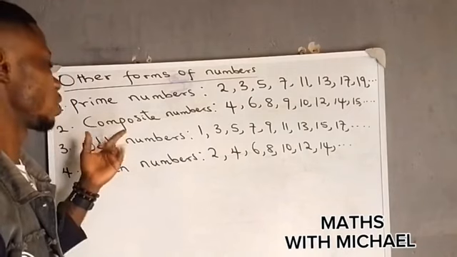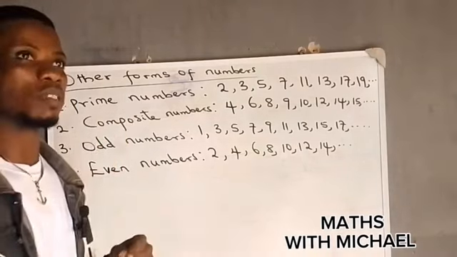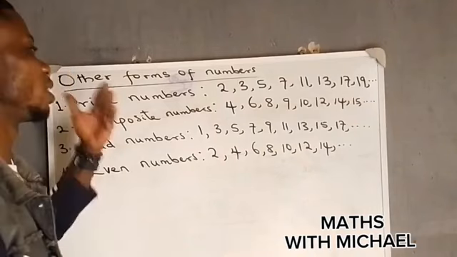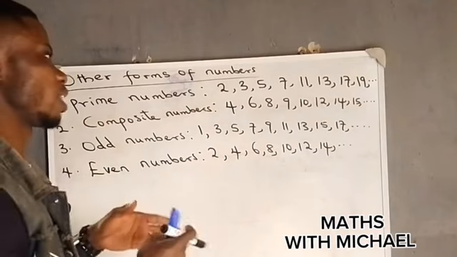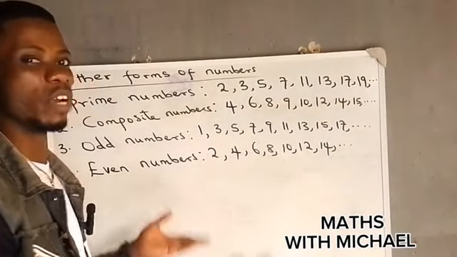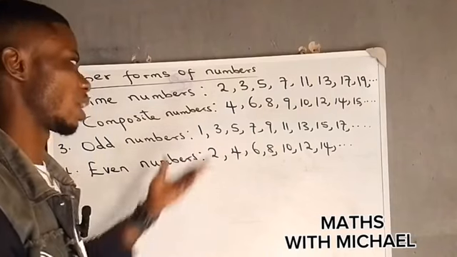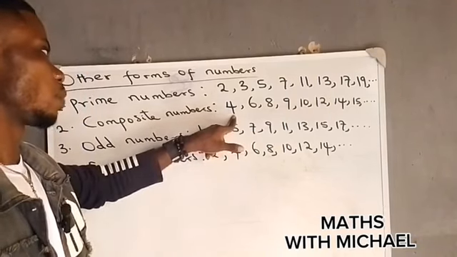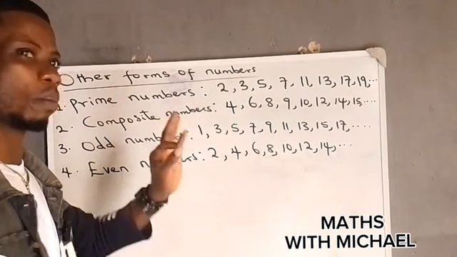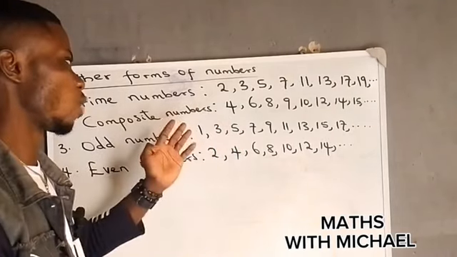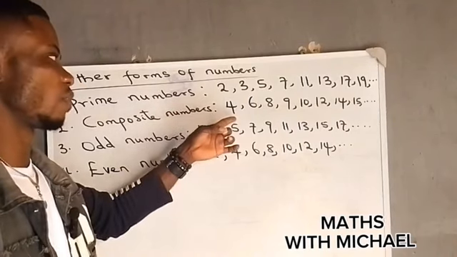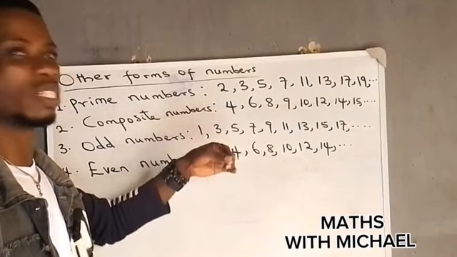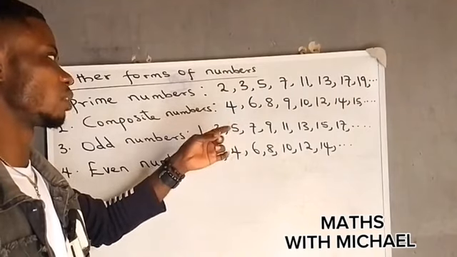And what are composite numbers? We say that composite numbers are numbers that can be divided by more than one number. That is, that can be divided by different numbers outside 1 and themselves. Example, we have 4. The numbers that can divide 4 include 1, 2, and 4 itself. 2 can divide 4 without remainder, and 4 itself can divide 4 without remainder.